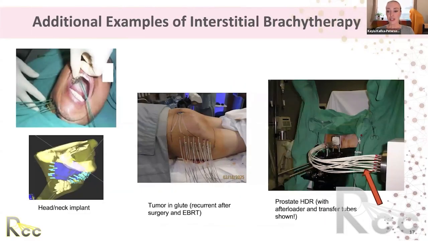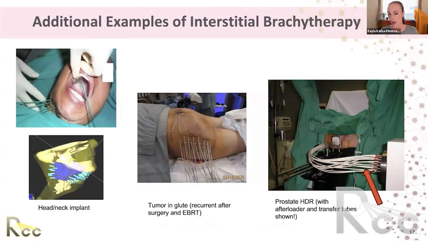Other examples of interstitial brachytherapy, again, if you can get the tubes where they need to go, you can treat a lot of things. The one on the right is our most common, prostate. That's prostate HDR, and you can actually see the white tubes are what connect the patient to the afterloader. The one in the middle was a case we just did about a month and a half ago for a recurrent tumor in a young man, kind of by his sacrum.